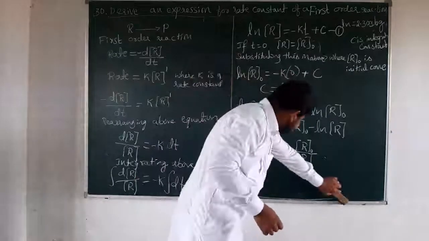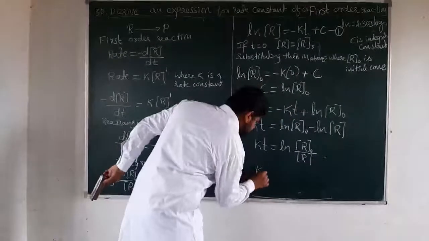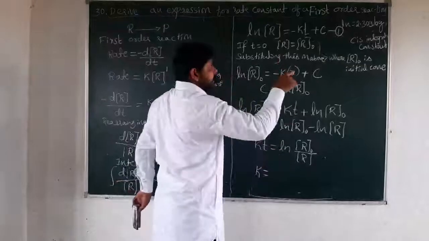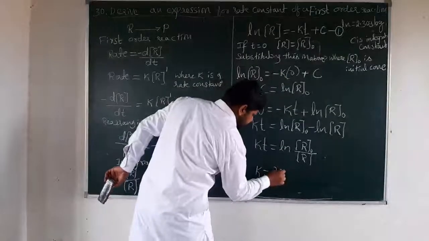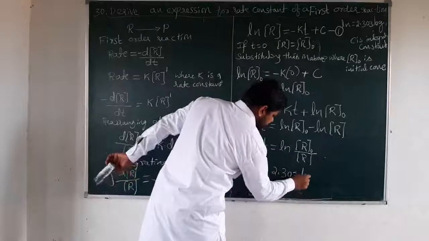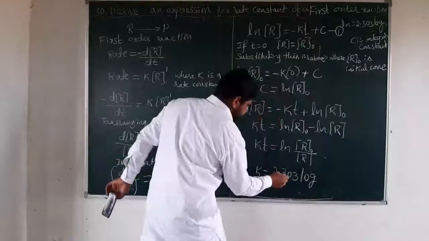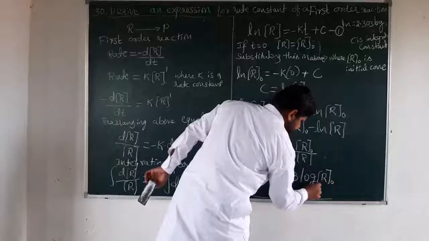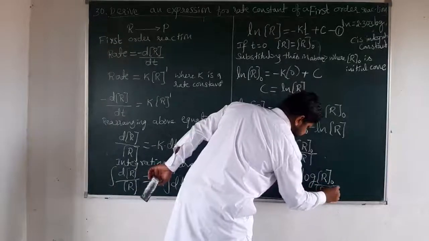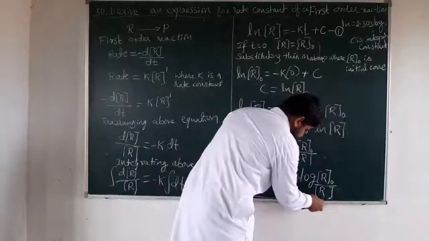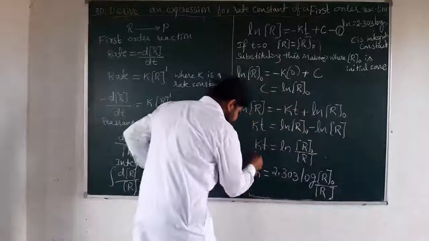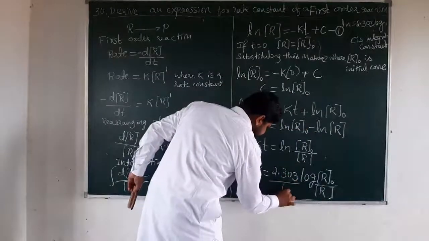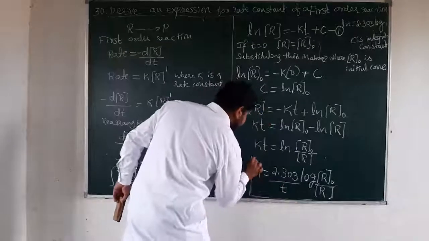Finally, K equals, as already told, ln means 2.303 log, so 2.303 log R naught by R. Now this t comes to the left side, so 2.303 by t.